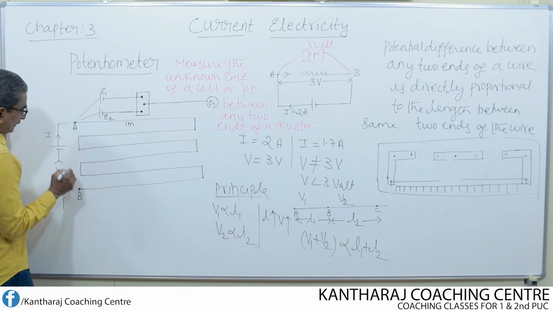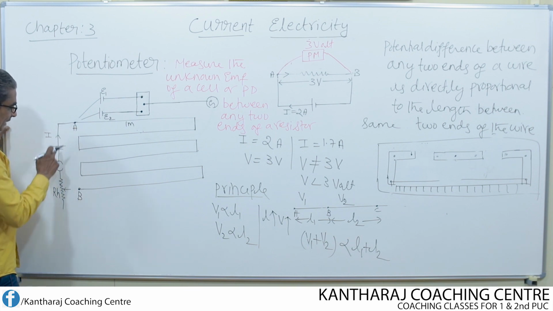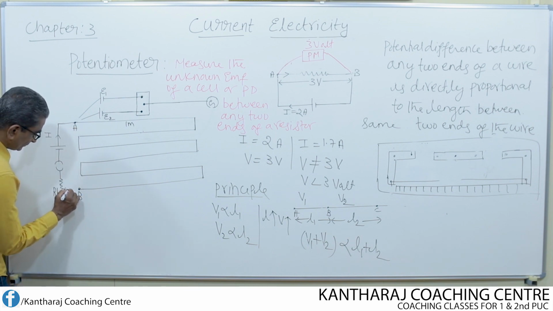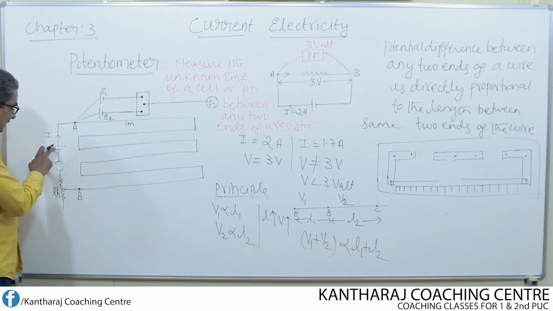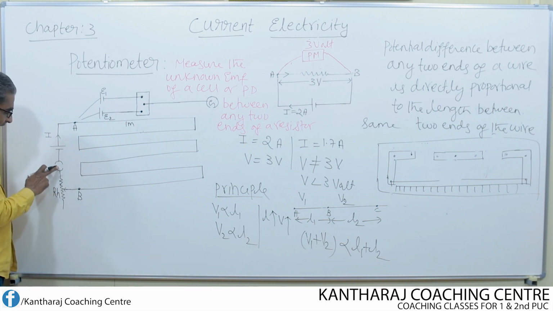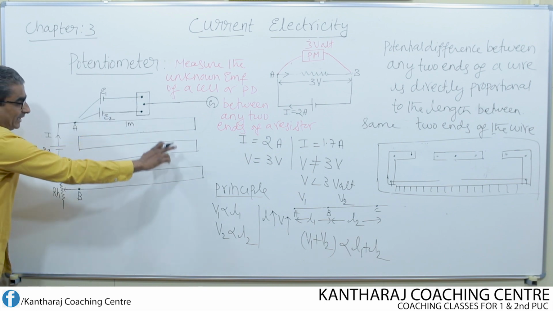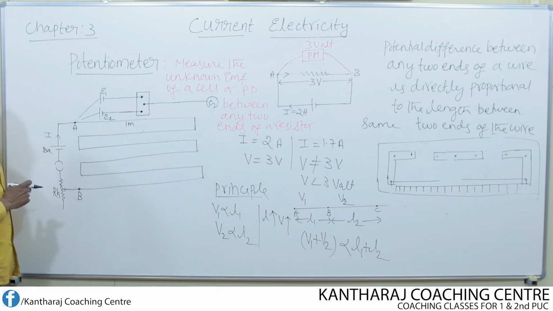Now, between the two ends, we connect a plug key, a cell, and as well as a rheostat. Or else this can also be considered as a battery, which provides the main current to the entire circuit. And this is the plug key and this is the rheostat.